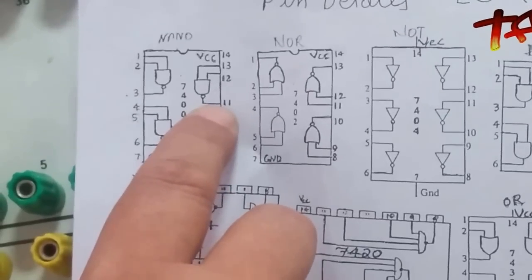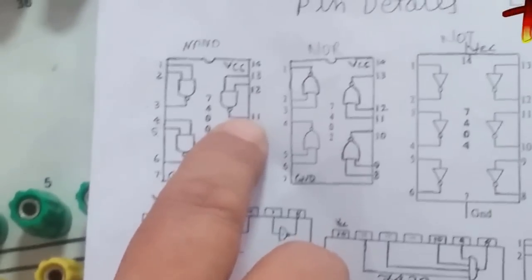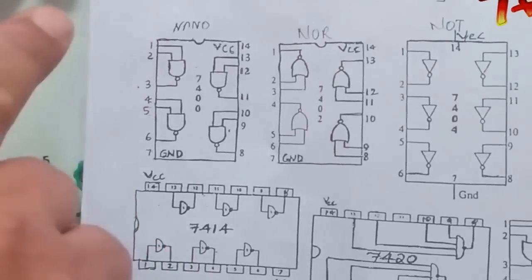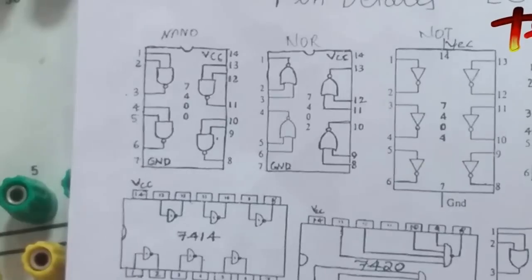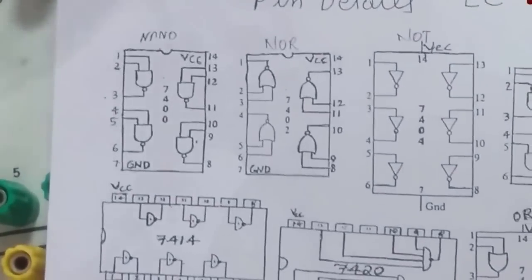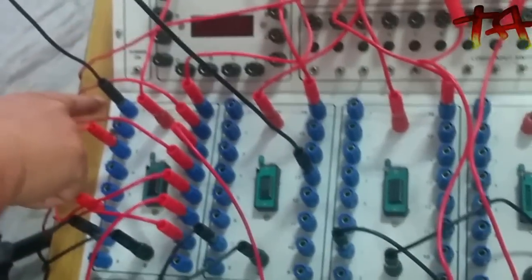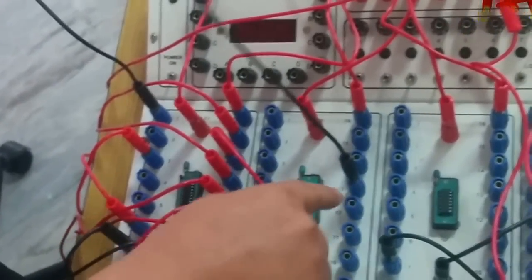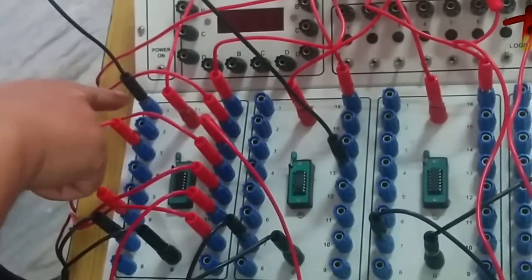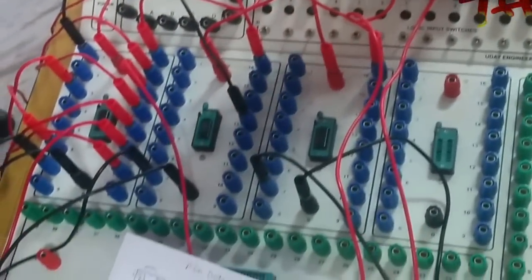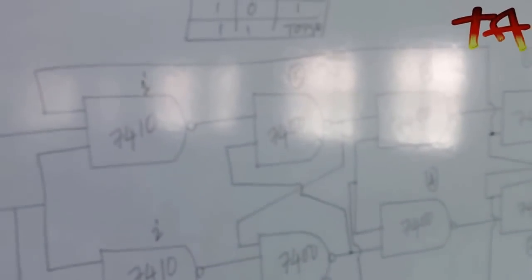You can see the output of 5 is 11, and it will go to the input of 3. Therefore, I can place it at 1. Therefore, 11 of the second IC is coming to the 1 of the first IC. Output of 5 is coming to the input of 3. Next, you come to that.